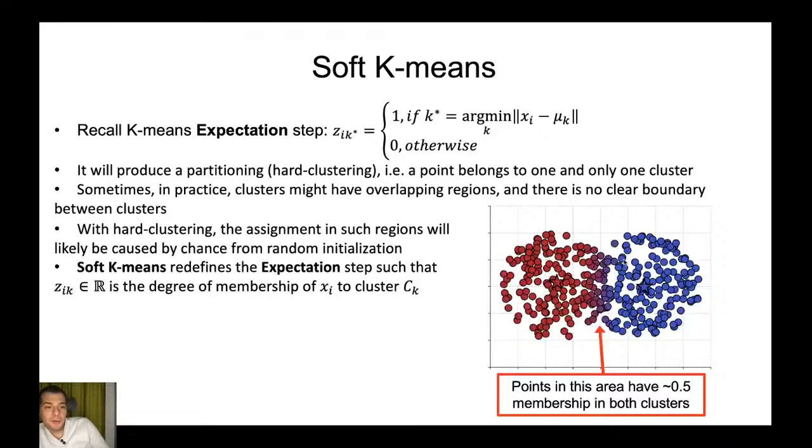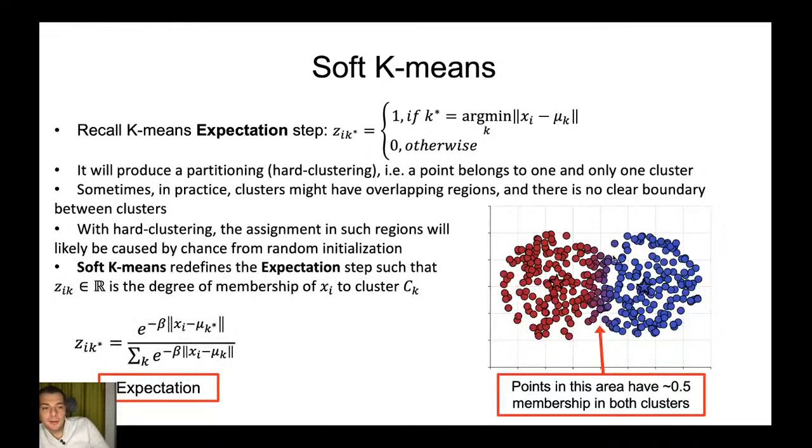So for example, in this case with two clusters, we would expect that points here will have a membership of 0.5 to both clusters. And of course, the membership can be continuous. So a point here may have a membership of, let's say, 0.8 to this cluster and 0.2 to the other cluster.